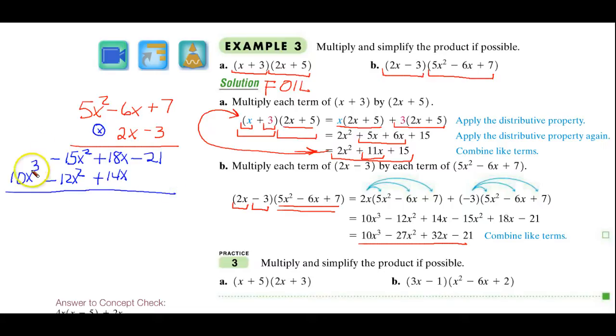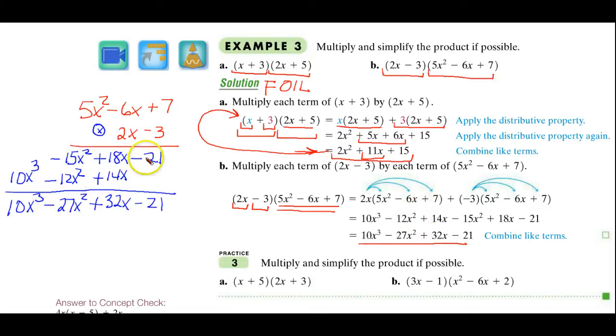Now we have been suggesting this idea of vertical like term columns. So now when you add them up, you then end up with it already as an answer, instead of trying to figure out what are my like terms here and then getting your answer.